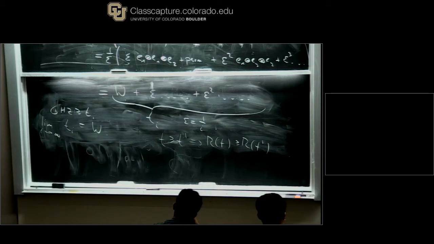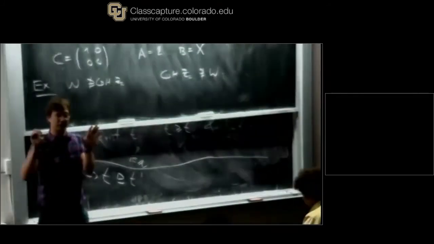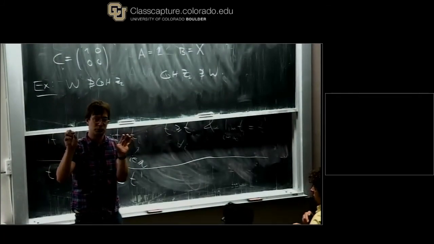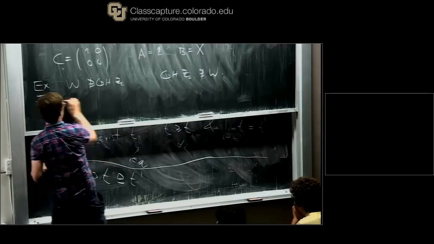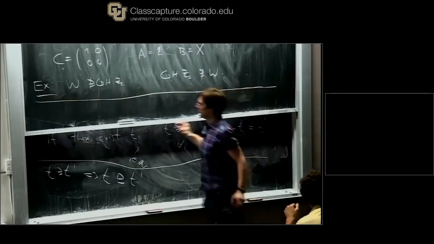I have another good exercise for you. You remember this grouping of the particles? If you have 3 particles, you can group them into 2. This is a really nice one.